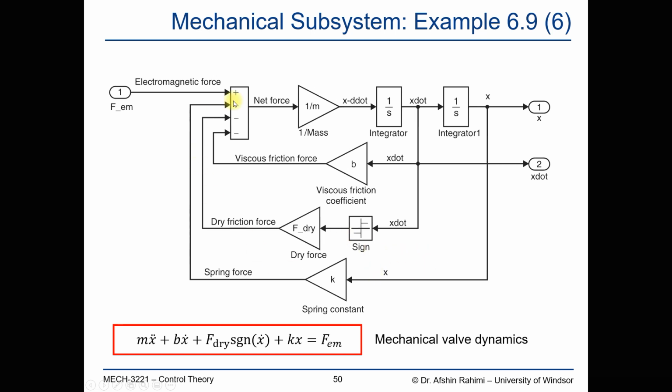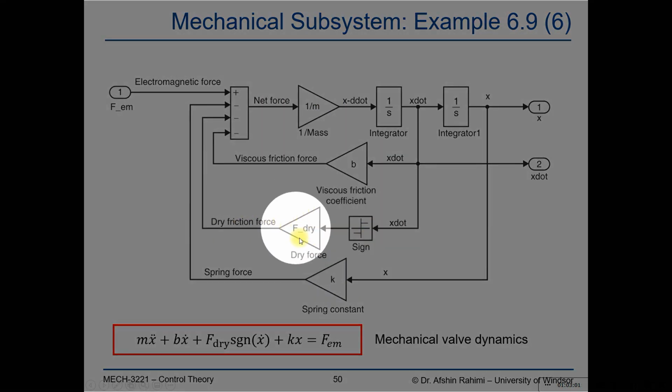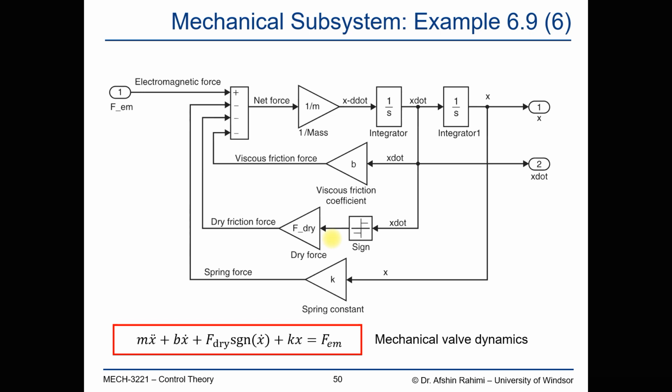Now for the mechanical part, which we already created, and we saw that is the mechanical part with the nonlinearity term, the dry friction force. Now we treat it as a subsystem of a bigger system, which is the electromechanical system.